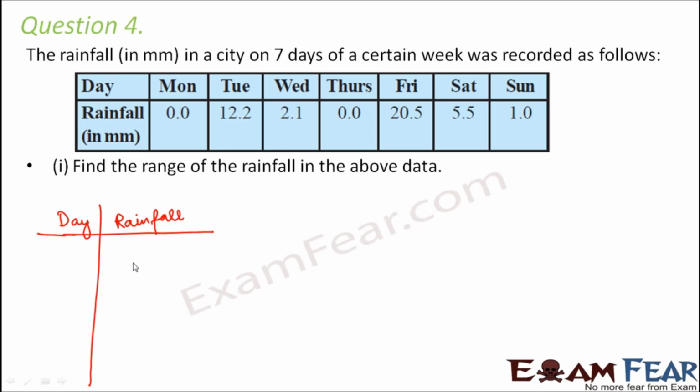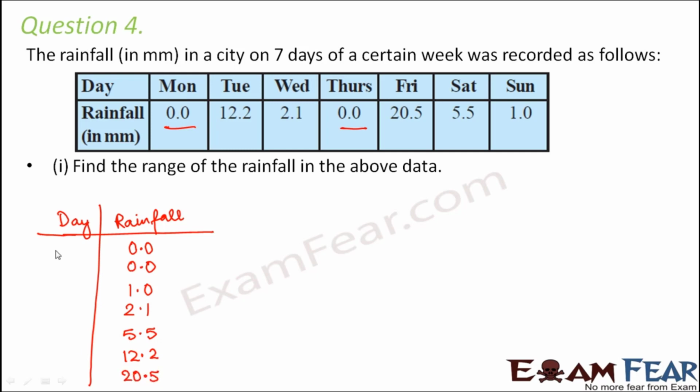So, let us start from the smallest values. Which are the smallest values here? So 0, 0. So first let us write the 0, 0, and then what do we have? We have 1, then we have 2.1, then we have 5.5, then we have 12.2, and we have 20.5, right?